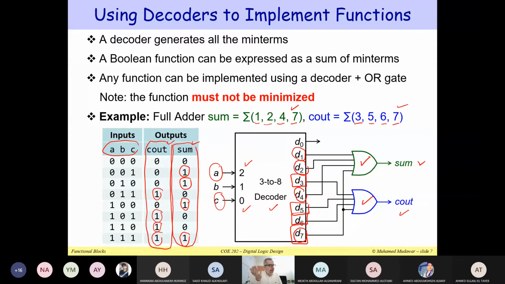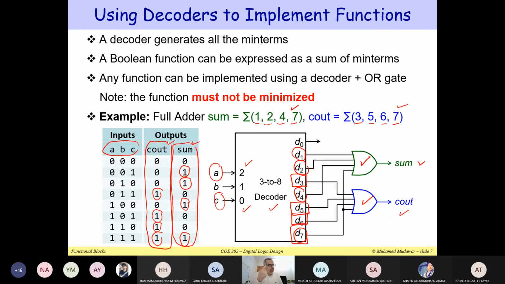We can use it to implement any Boolean function like this. Remember the implementation of the full adder? We used 2 XOR gates, 2 AND gates and 1 OR gate. But now I'm using a 3 to 8 decoder and 2 OR gates. That's another way to implement the full adder using a decoder.